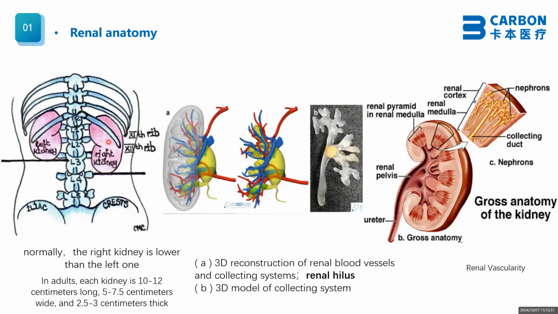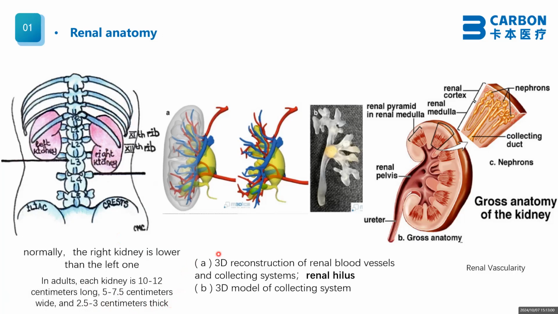From the back we can see there is a liver. Because of the liver, the right kidney location is a little bit lower, maybe 2 to 3 centimeters lower. In adults, each kidney is 10 to 12 centimeters long, 5 to 7.5 centimeters wide, and 2.5 to 3 centimeters thick.